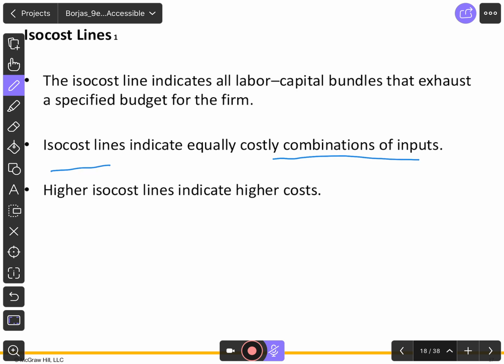So the total cost is the same along any point on that line. But of course, the higher the iso-cost line, the higher the cost. Okay, so it's exactly the same idea as the budget line for the workers in our previous chapter.